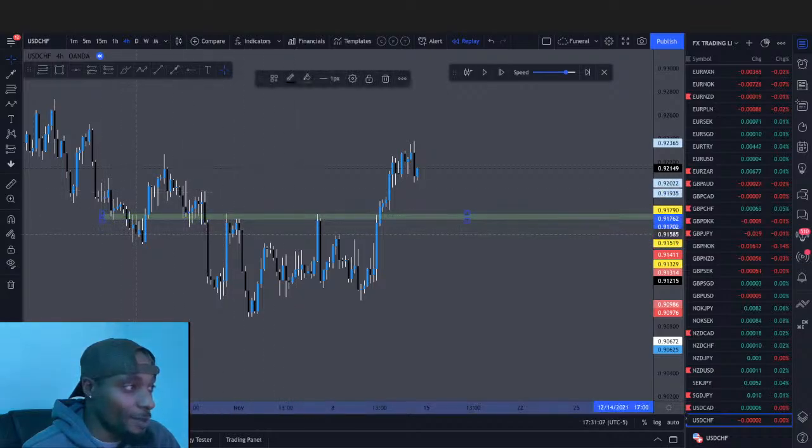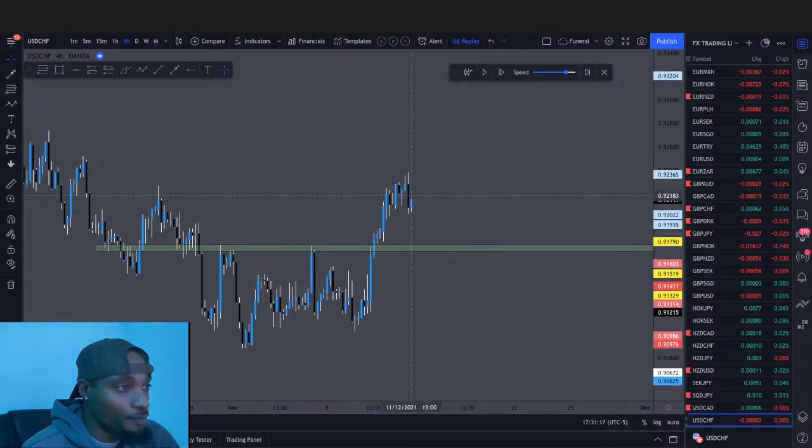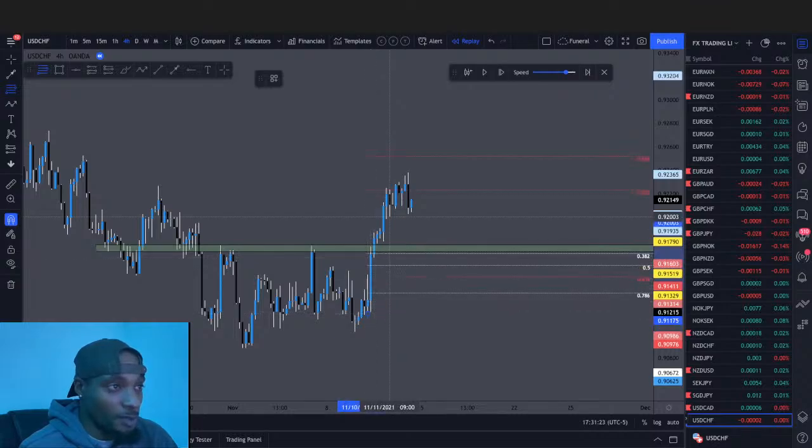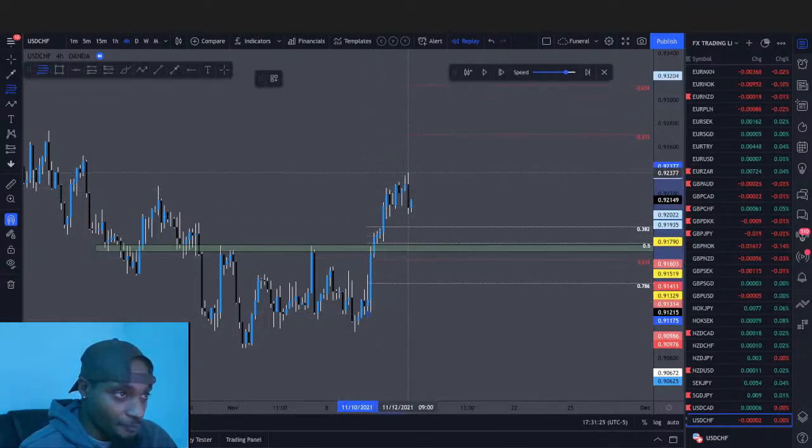Broke below, then broke back above. Support, broke below. Resistance, resistance, resistance. Broke above, not really used as support yet. So could expect to move back down in here if we do take the Fibonacci's from the high to the low.